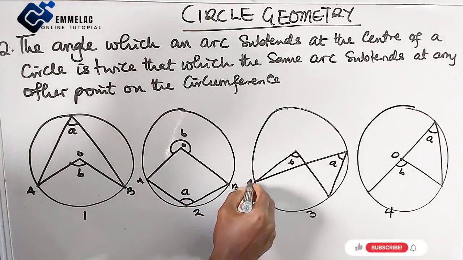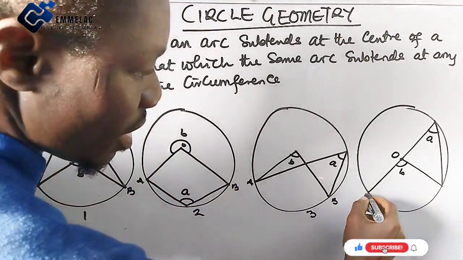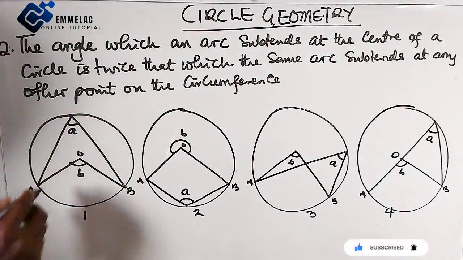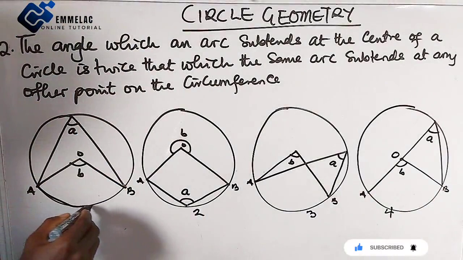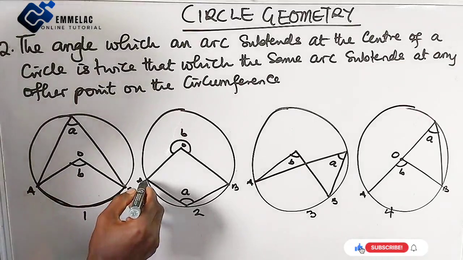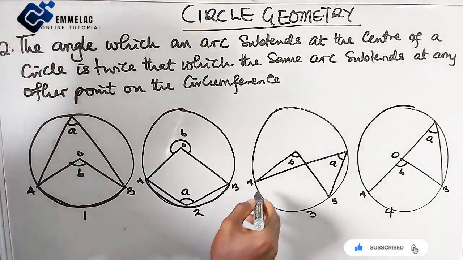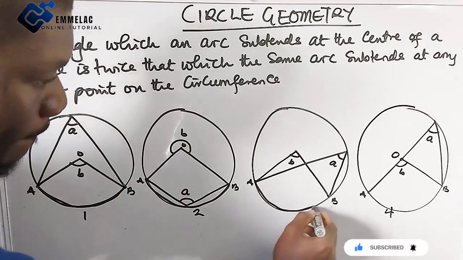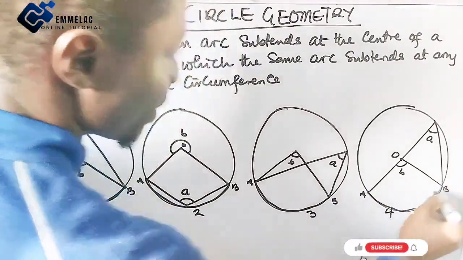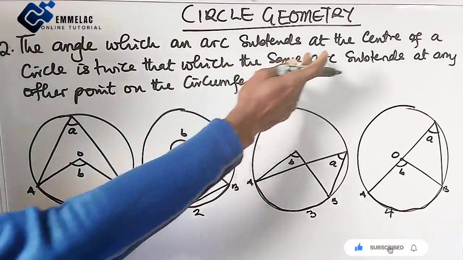Here's another one AB, and here is another one A and B. So this is another arc, another arc, another arc. All these arcs subtend an angle at the center of the circle.